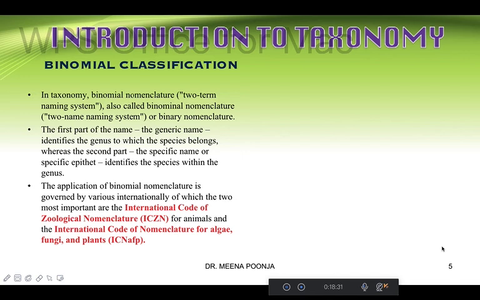The naming follows certain conventions. Each scientific name has two parts. The first part, that is the generic name, identifies the genus to which the species belongs. The second part, after the generic name, is the specific epithet. This identifies the species within the genus.